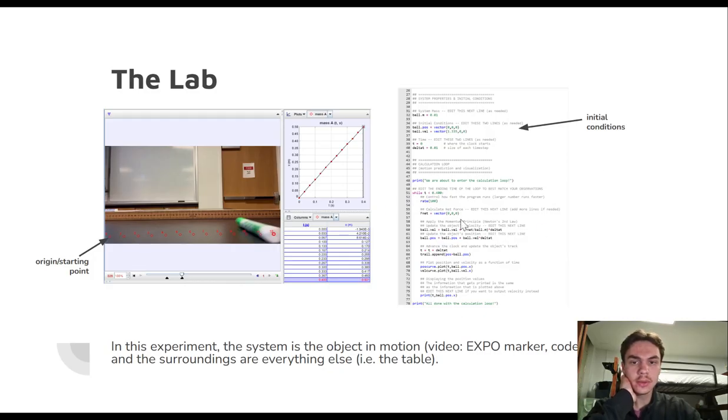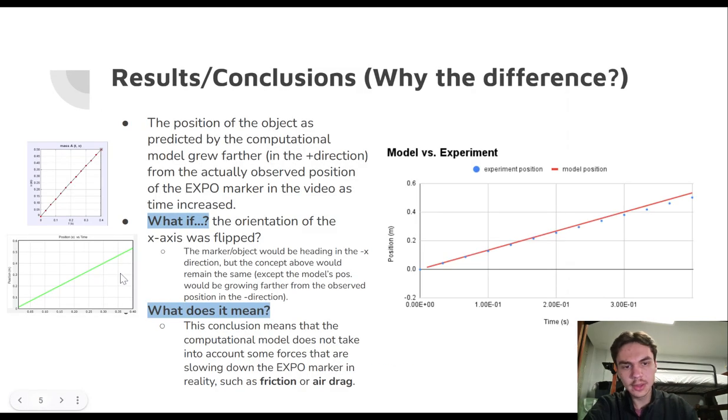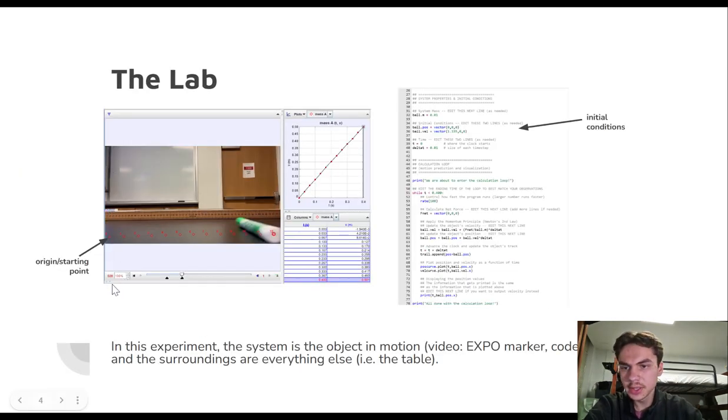This computational model is based on the Tracker data that we collected. We can see the origin, the starting point of the object, the expo marker, here. I don't have it shown, but here's the y-axis. Oops, sorry about that. Here is the y-axis, and the x-axis is along the motion of the expo marker.